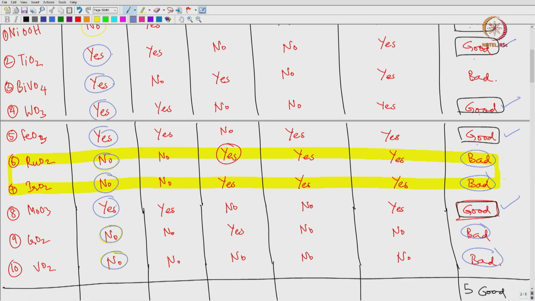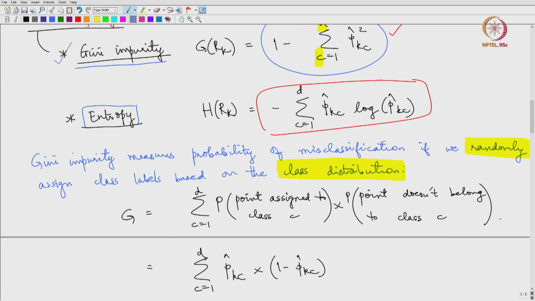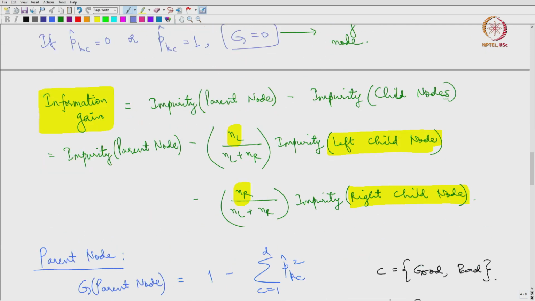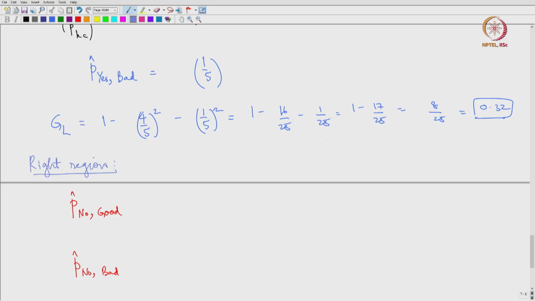So, 4 of the 5 no's are corresponding to bad and only 1 of the no's is corresponding to good. This means that p hat no good is simply 1/5, and p hat no bad is simply 4/5.